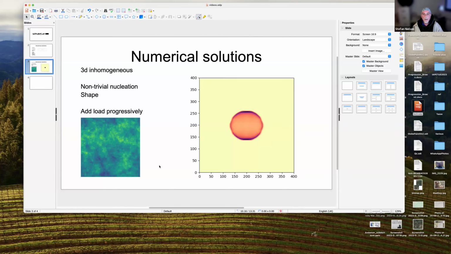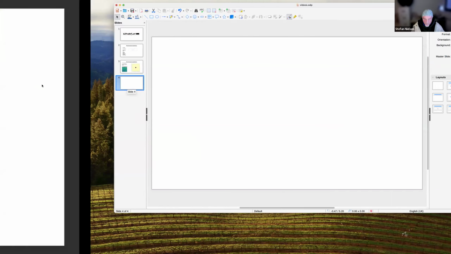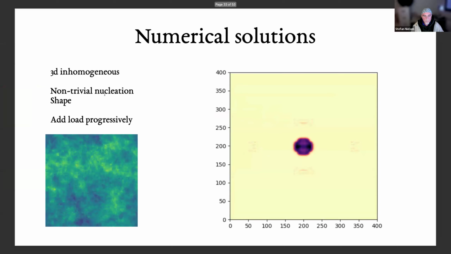Okay, now it's moving again and it fails, but then finally at the very last snapshot, it starts to develop the typical super shear features on the left and right, and you have this transition, okay? So these are the numerical solutions. So I think I'm done with the little movies now.